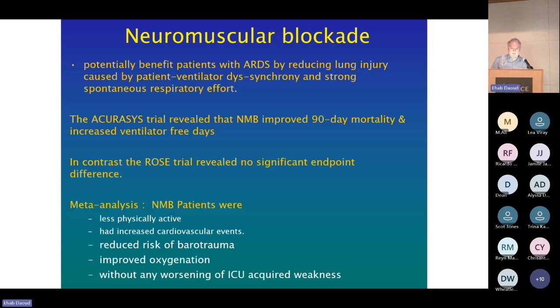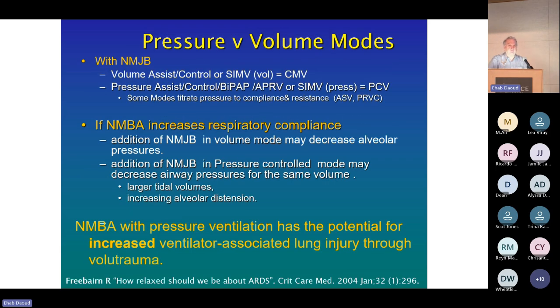One thing to remember with neuromuscular blockade is that when you paralyze a patient, we only have two modes left then. It's either a volume targeted mode or a pressure targeted mode. If neuromuscular blocking agents increase respiratory compliance, and generally they do, the addition of neuromuscular blockade in a volume mode may decrease alveolar pressure, which may be beneficial. And the studies have all been done in volume modes.